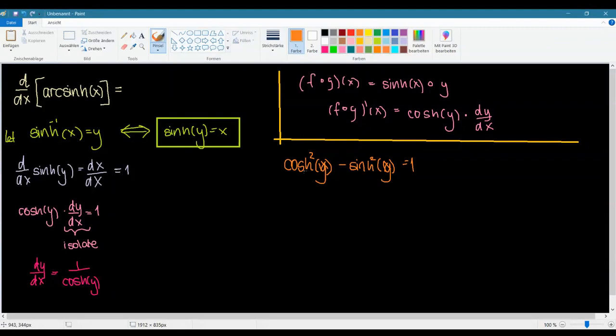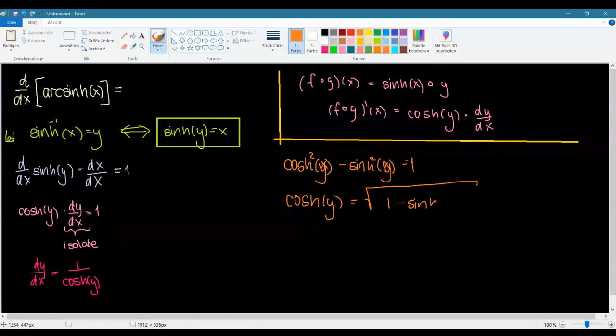If we isolate hyperbolic cosine y squared, we just add hyperbolic sine y squared to the other side and then take the square root of it. We end up with hyperbolic cosine y equals the square root of 1 minus hyperbolic sine y squared.